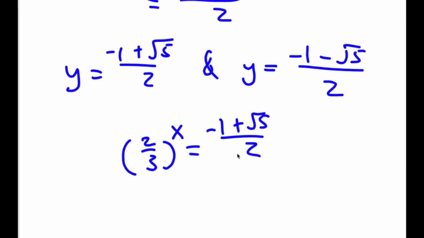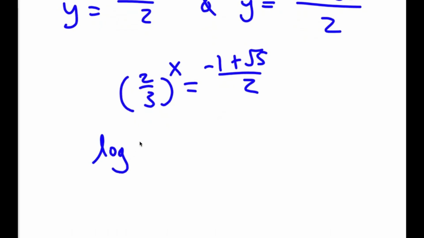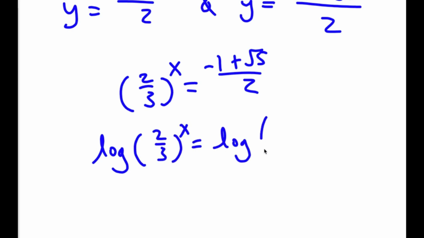So if I solve this, I'll first take the log on both sides. So I have log 2 over 3 to the power of x is equal to log of negative 1 plus the square root of 5 over 2.